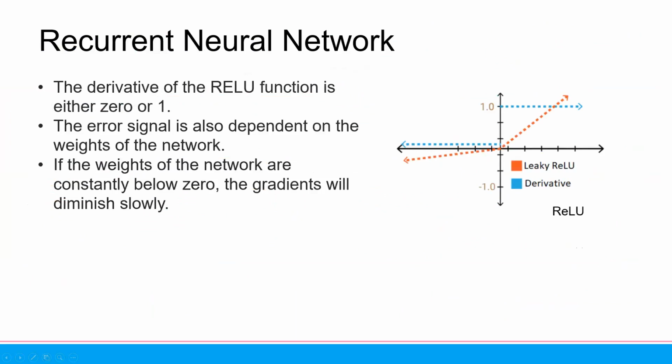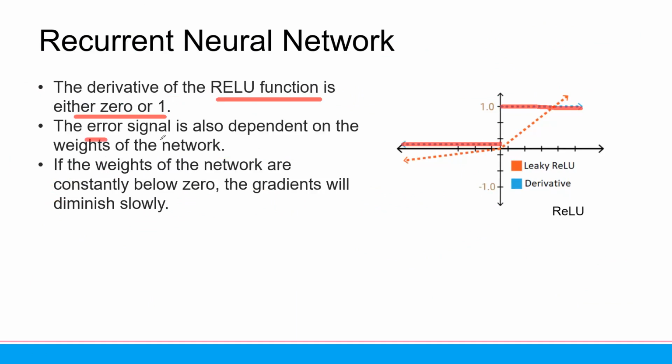The other kind of activation function is ReLU, the rectified linear unit, which I think we already learned last time. The derivative of the ReLU function is either 0 or 1.